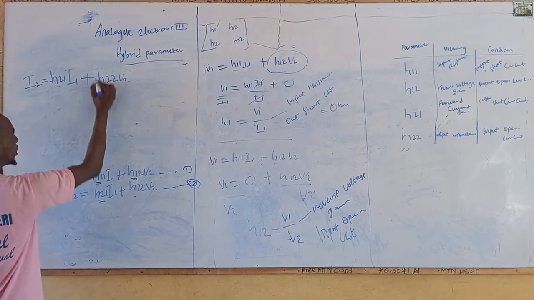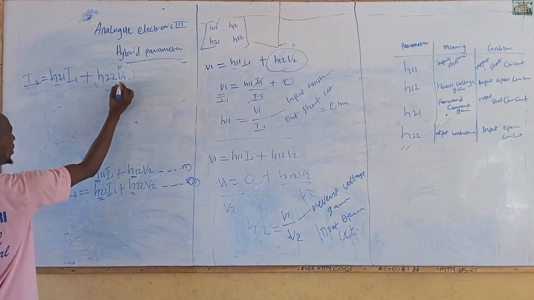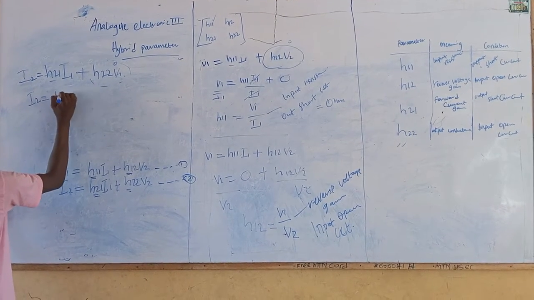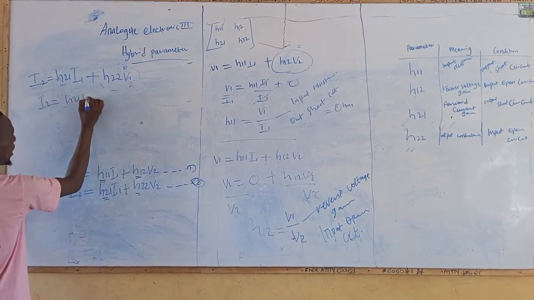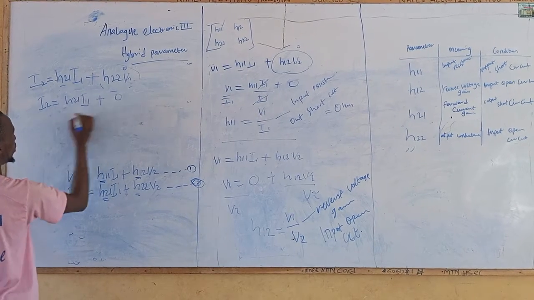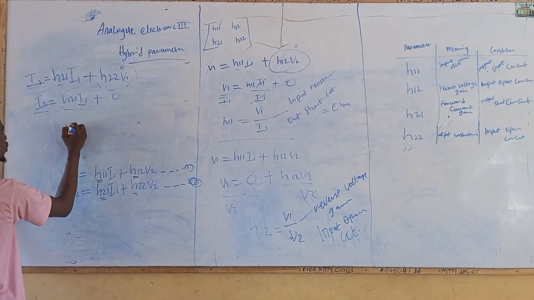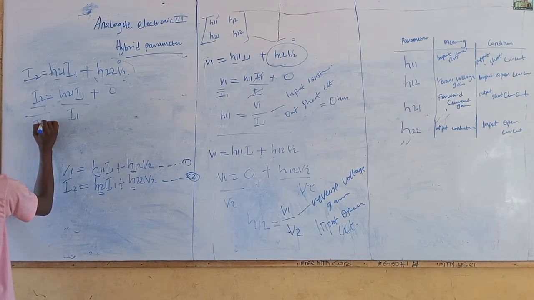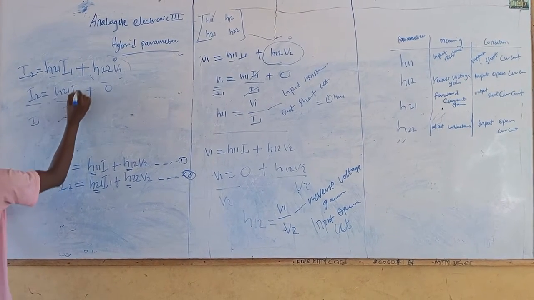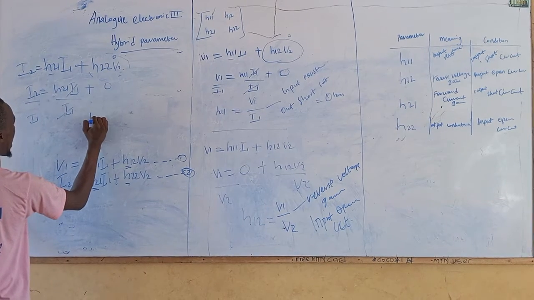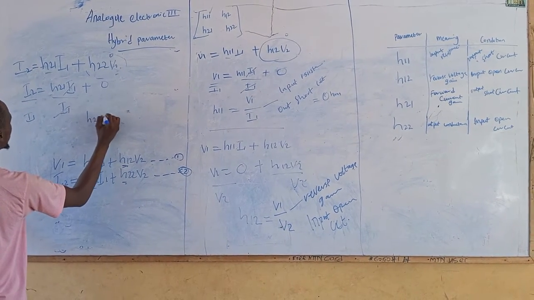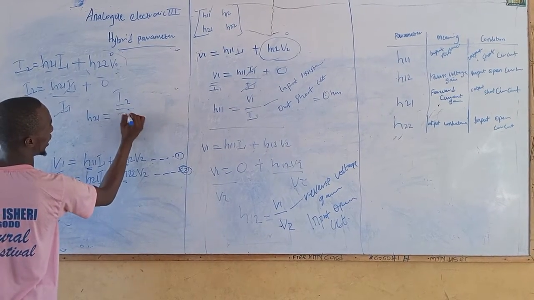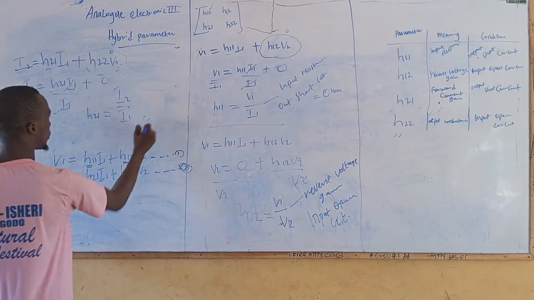So everything here will be 0, since our V2 will be 0. I2 equals H21 I1 plus 0. Dividing by I1, we have H21 equal to I2 over I1.